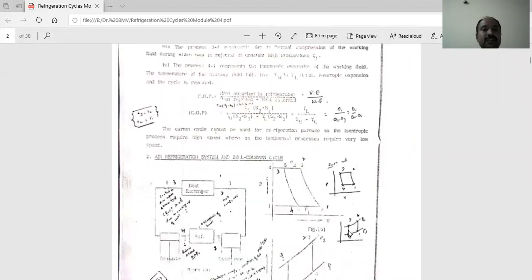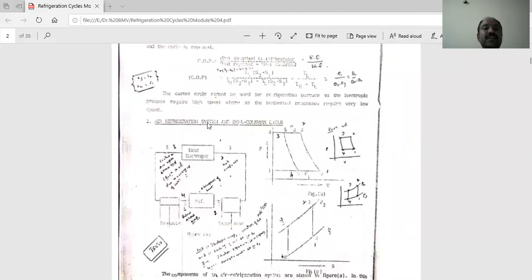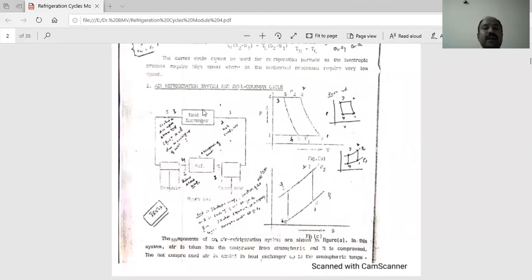Now another cycle, the air refrigeration system, is also called the Bell Coleman cycle. Here is the block diagram. There is a compressor; 1 to 2 is the isentropic compression process. Then 2 to 3 takes place in a heat exchanger at constant pressure, where cooling of air takes place.